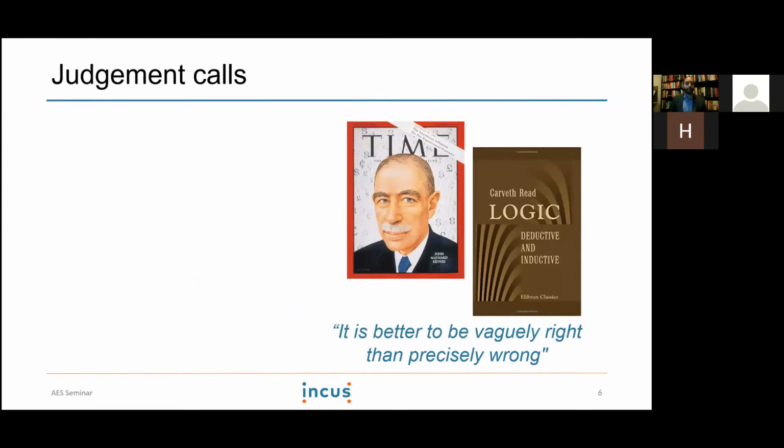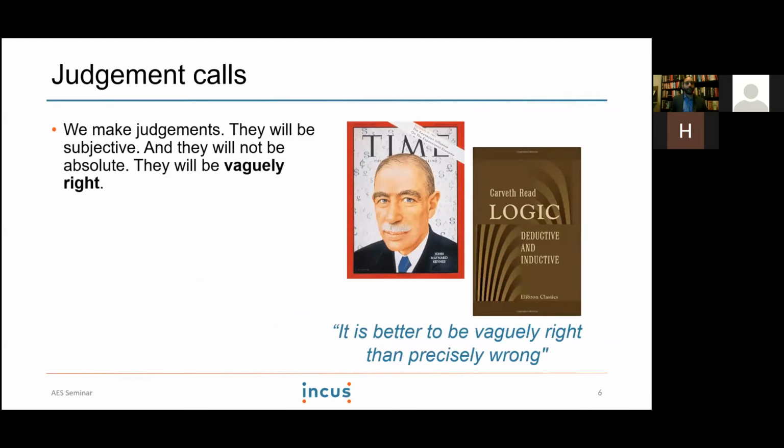And again, in the ad for the webinar, we made the point that evaluators are excellent at making judgment calls and dealing with subjective information and coming to a decision. So it's no different with social value, and we're going to make judgment calls, and they will be subjective and they will not be absolute, but they will be vaguely right.